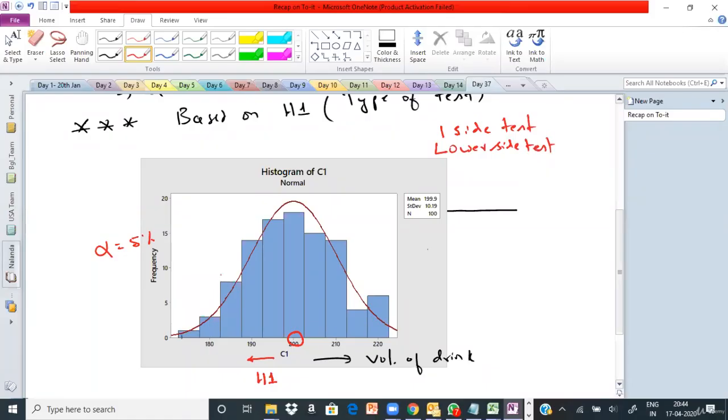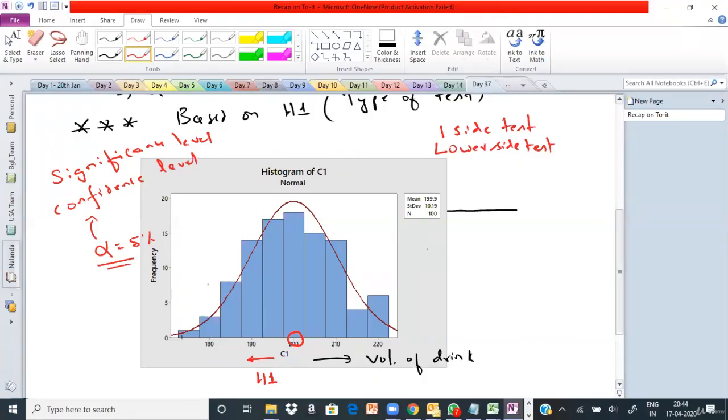So what is my alpha? Alpha is nothing but my significance level, also called as confidence level. Both are same.